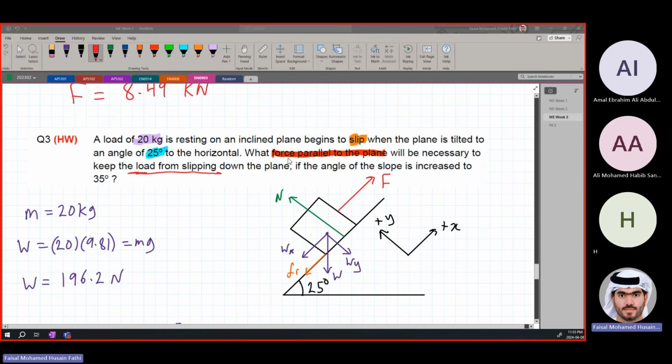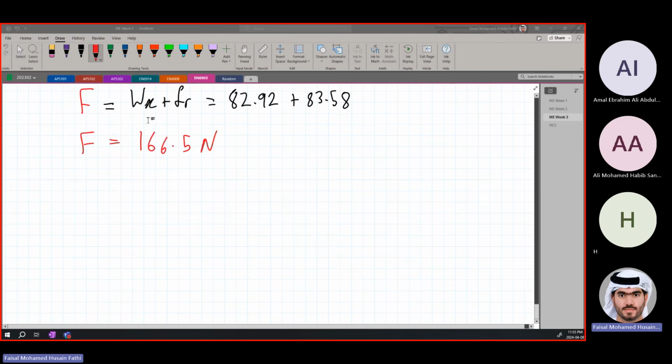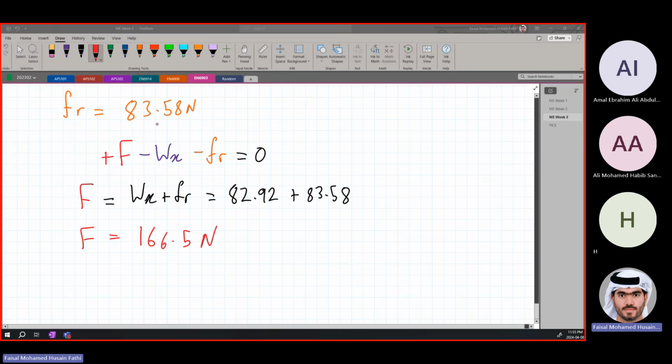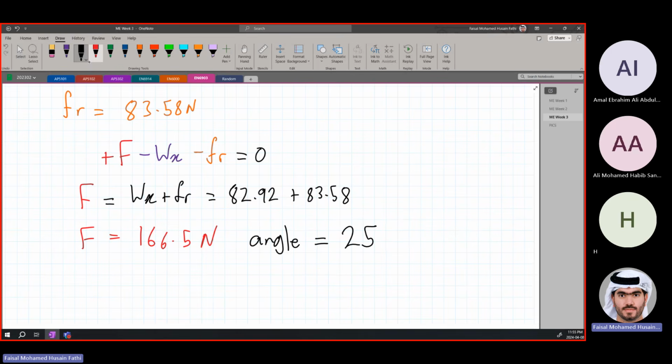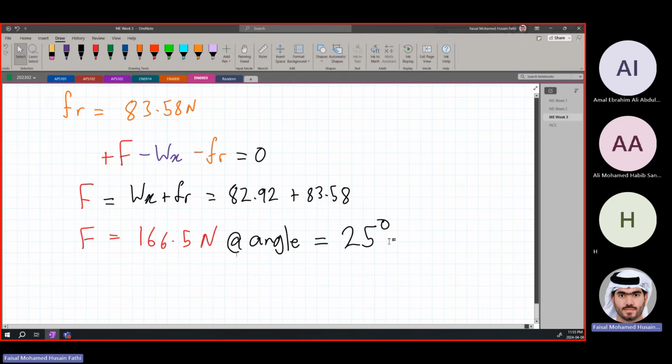Why? Because it says what force parallel to the plane will be necessary to keep the load from slipping down the plane if the angle of the slope is increased to 35 degrees, which I did not read. So the answer that I found is for when the angle is equal to 25 degrees.